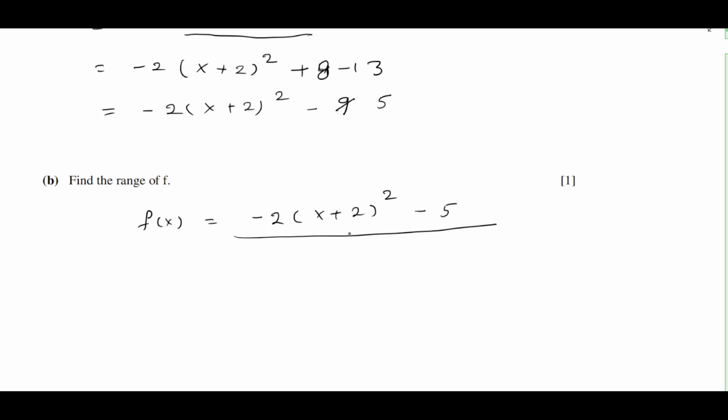So the largest value I will get is when x + 2 becomes 0. When x + 2 becomes 0, I have f(x) as -5. So -5 is the maximum value that I have. So I will say the range is less than or equal to -5. I can have all negative values possible, and the maximum value possible is -5.